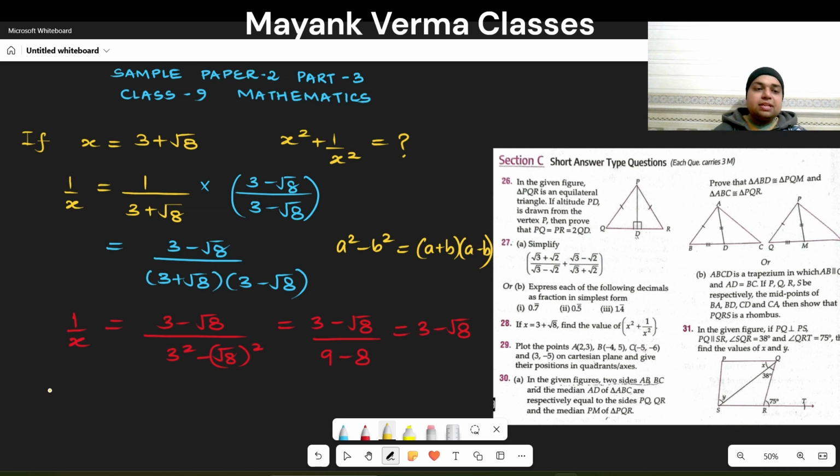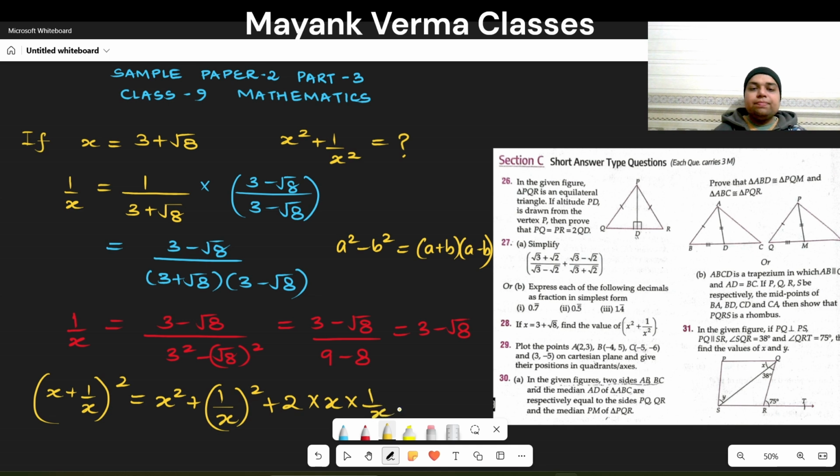Now what we can do? We can simply say that x plus 1 by x whole square will be equals to x square plus 1 upon x whole square plus 2 times x times 1 upon x, right? By using which identity? A plus b whole square. So you can also mention it here, so always remember, whichever identity you are applying, you need to mention it in your answer.